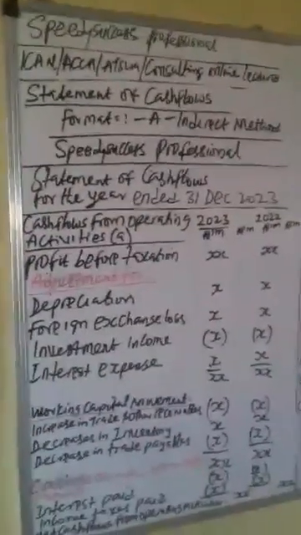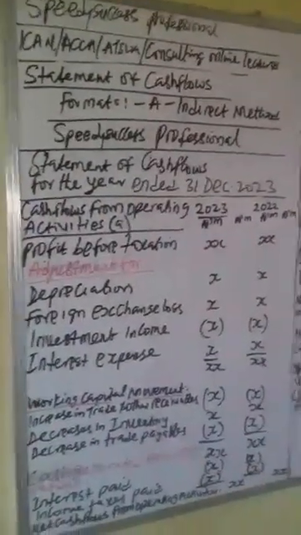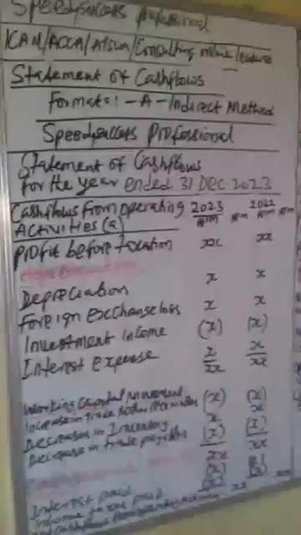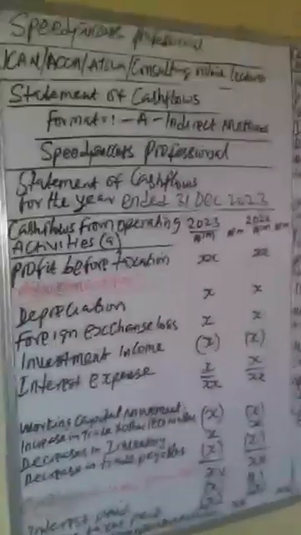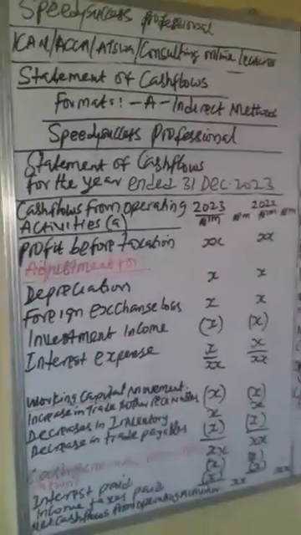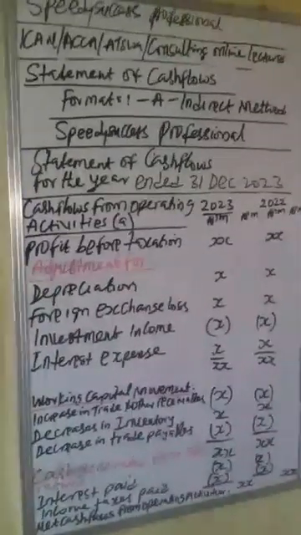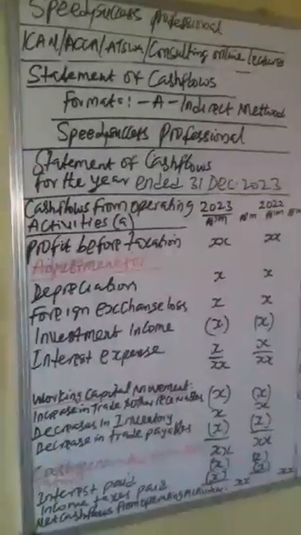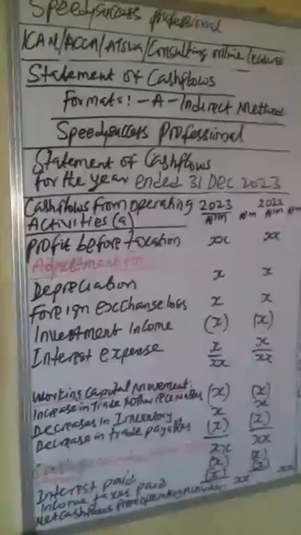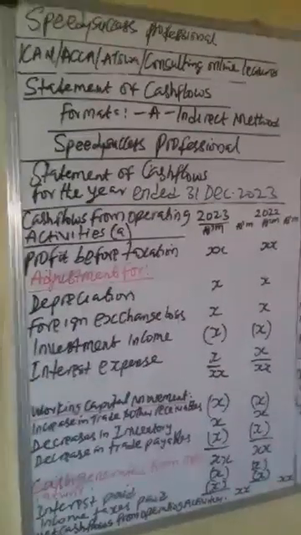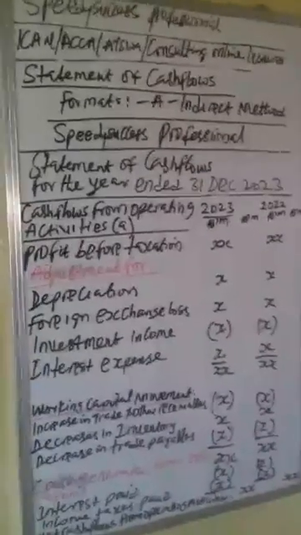When you are preparing a statement of cash flows, if it's for examination, the examiner must give you 3 statements. Statement 1 is two statements of financial position, which you used to call balance sheets, that is the previous year and the current year.